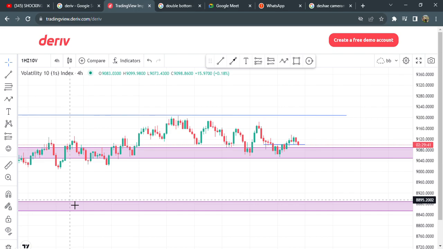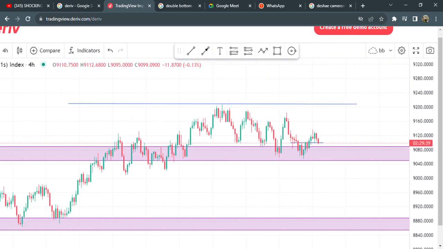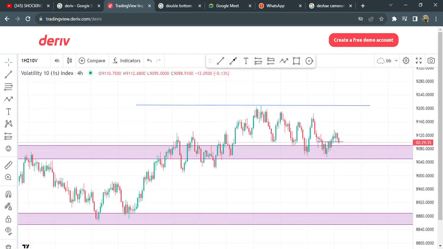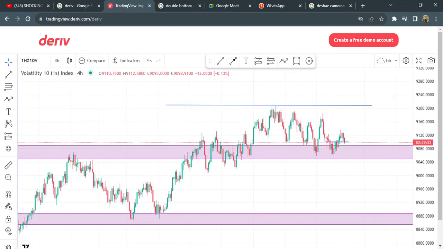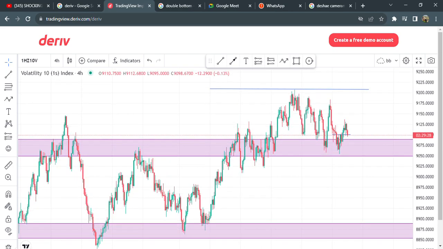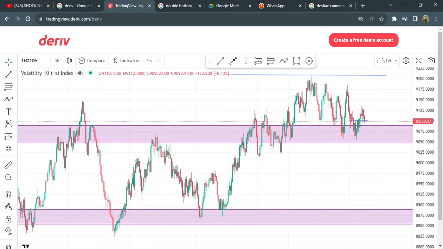We see if there are any other points of interest that we can label. As you can see, this is our point of interest that we drew first. This was the resistance zone that we drew, and this one is the demand zone.